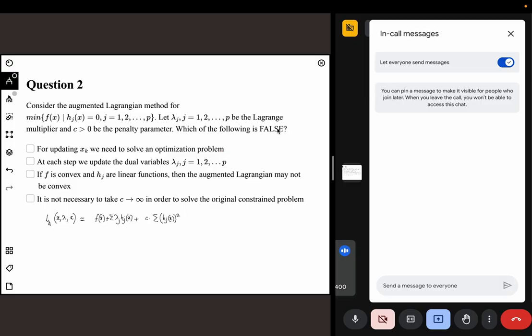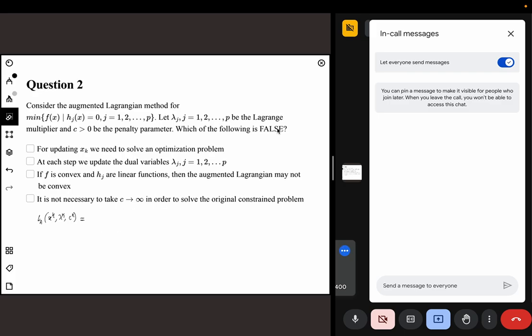So how will I find the value of xk? I will start at some particular iterate value x superscript k, with lambda k and ck as where I will start.